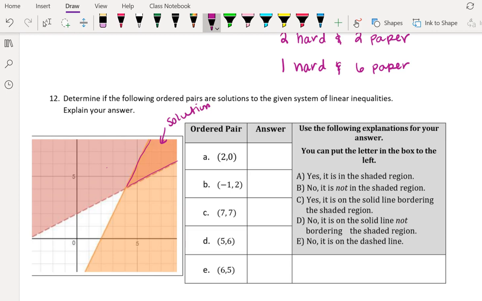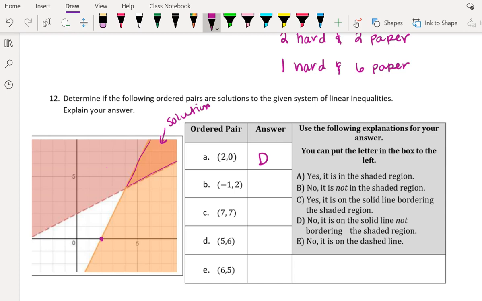So if I say 2, 0, it's not in the solution region. It's on the solid line, but it's not bordering the solution. So it's not a solution. It's on the solid line, not bordering. So that's D.